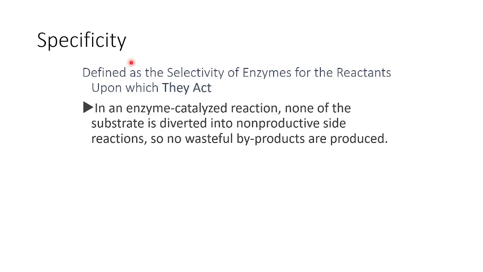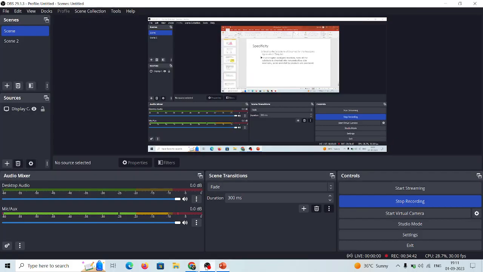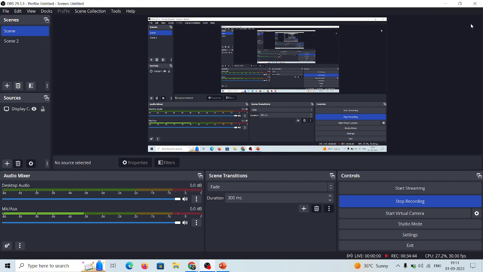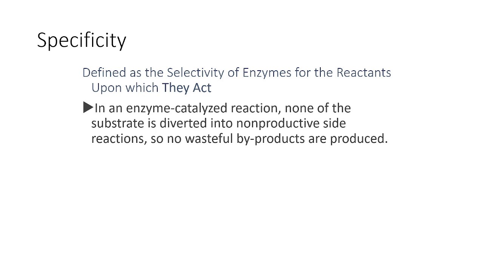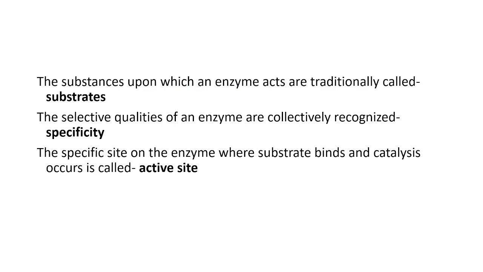Now another important term is specificity, defined as the specificity of the enzymes for the reactants upon which they act. In an enzyme catalyzed reaction, none of the substrate is diverted into non-productive side reactions, so no wasteful byproducts are produced.